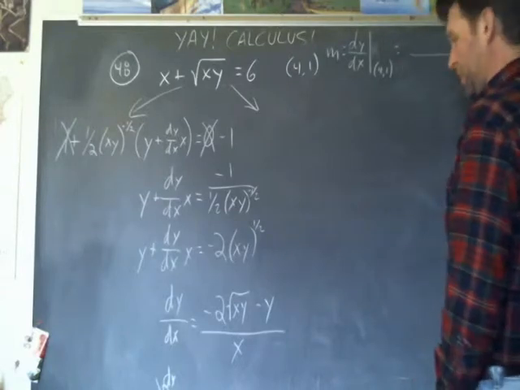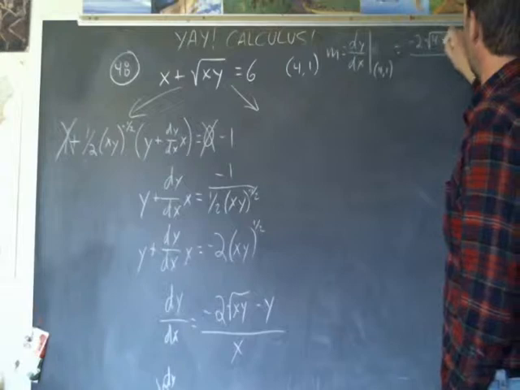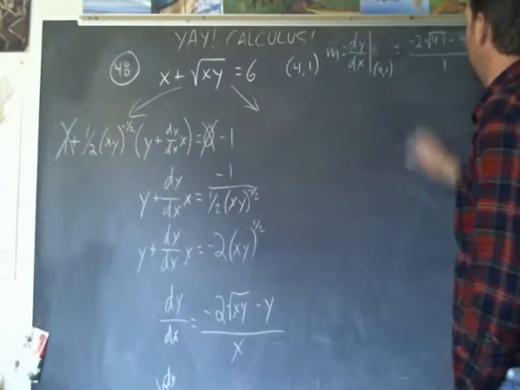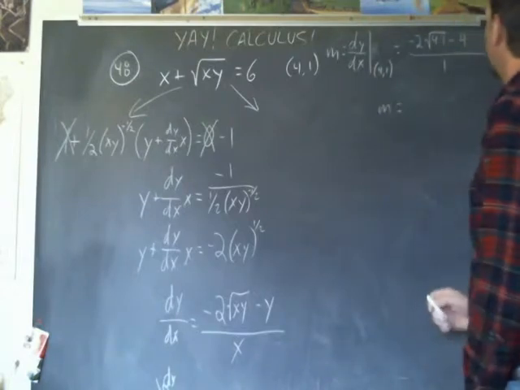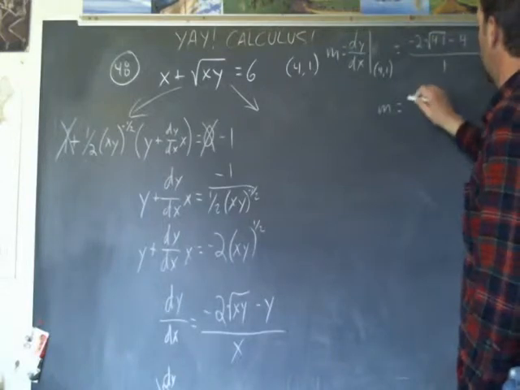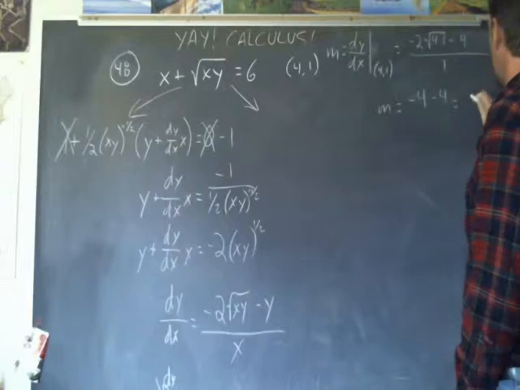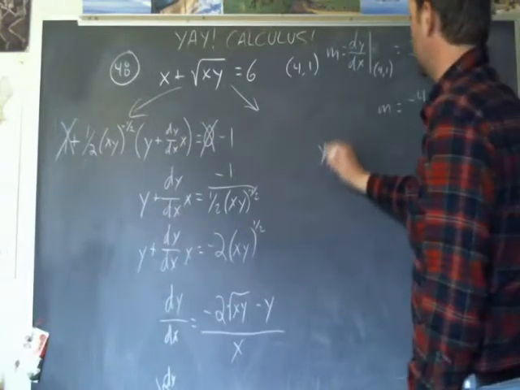Equal to, nice big fraction, negative 2 times the square root of 4 times 1 minus 4 all over 1. So our slope again is going to be negative 2 times 2 is negative 4 minus 4 all divided by 1, which is going to be negative 8. So we've got our slope.